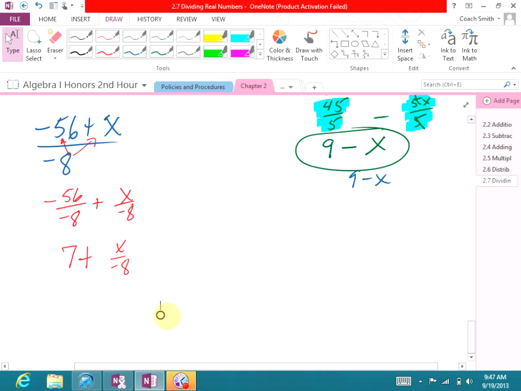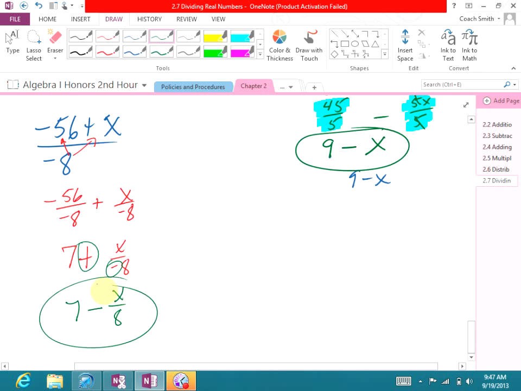Okay, now, let me make sure how they want you to express the answer. They're going to want you to express the answer just like that with this exception. This is what I just talked about with Brianna. There's a negative, there's a plus sign. So that's got to be 7 minus x over 8.